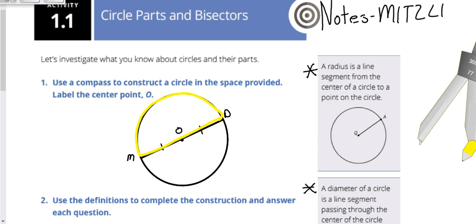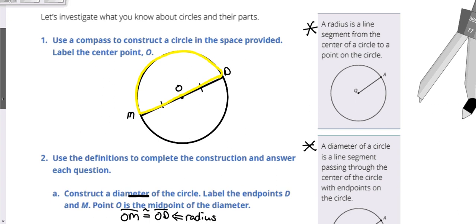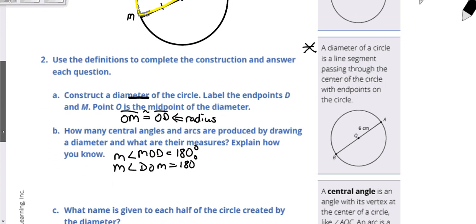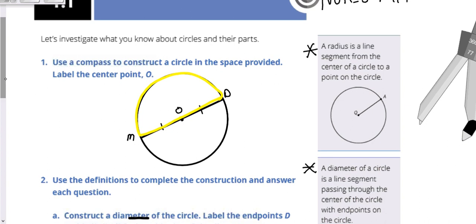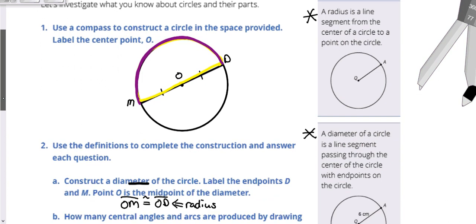Now, they also want to know how many arcs. Well, an arc is the part that's on the outside. So it's the distance that goes around this part out here. This is the arc. In this case, it's a semicircle because it's an arc that's made by a diameter.